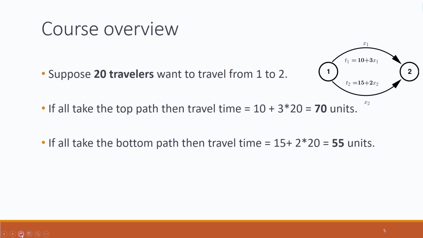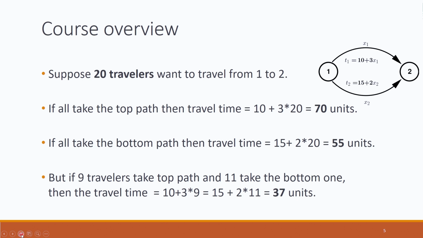So in that case, the travel time that will be experienced by the travelers will be equal to 55 units. Now it can be seen that these two are not the only options that are available to the travelers. In fact, there are infinite such solutions if we allow the flow distribution to be continuous across these two paths, and the question then becomes which solution out of all of these solutions is the best one.